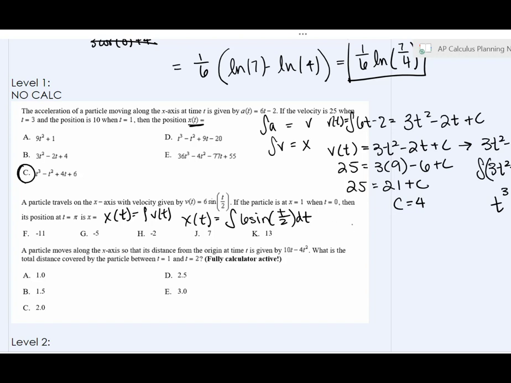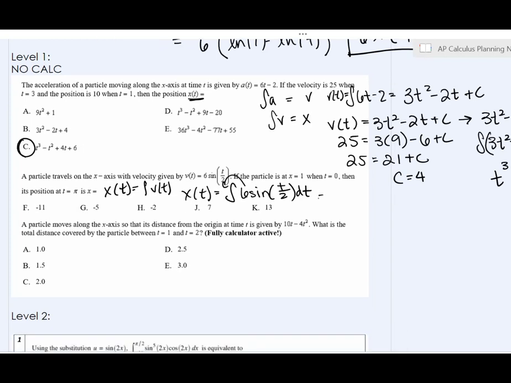I know that the integral of sine is negative cosine. The 6 gets pulled out, so this is 6 times negative cosine of t over 2. The integral of 1/2 t is going to be times, or the derivative, remember that chain rule happens here.